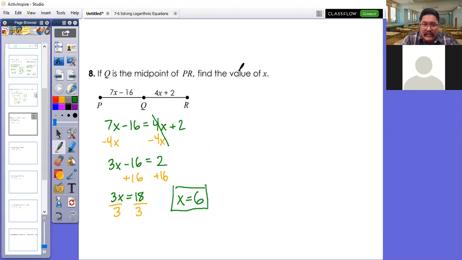So make sure we read the questions, kind of like what happened earlier today. If you stop here and it's asking a different question, like it might ask you, what is the measure of side QR, then in that case, well, we answered it, but not really. We didn't answer the question, so we've got to make sure that we answer the question that they want.